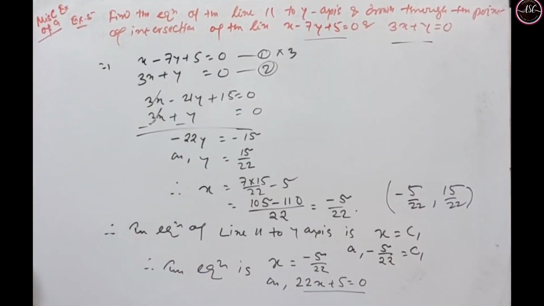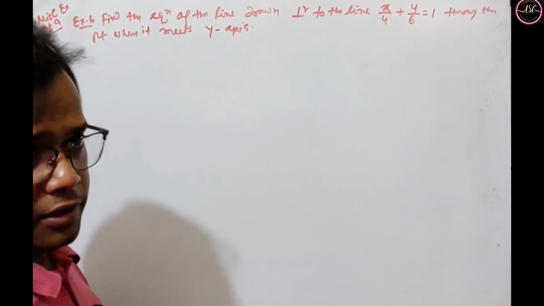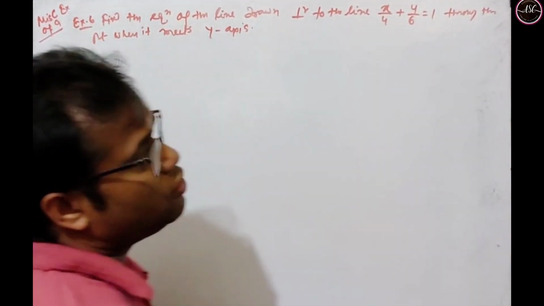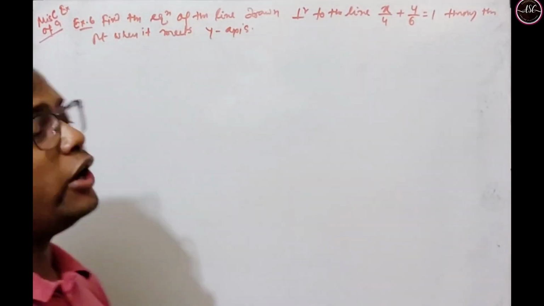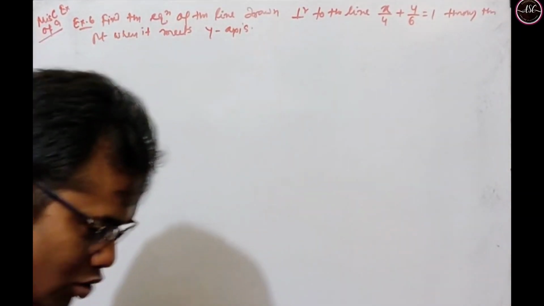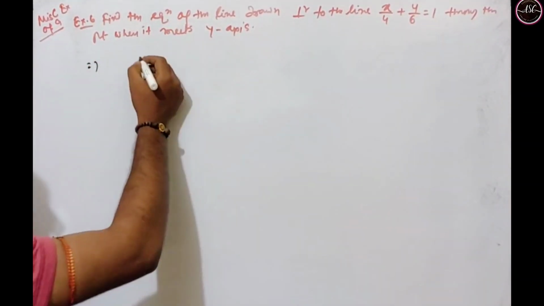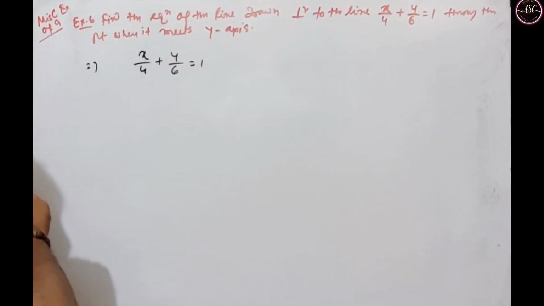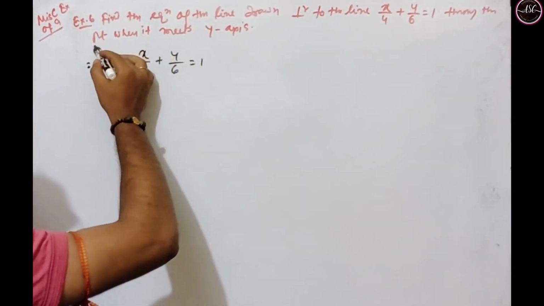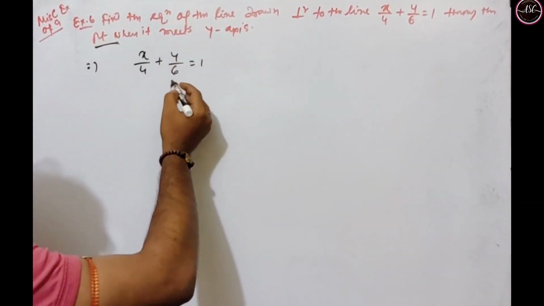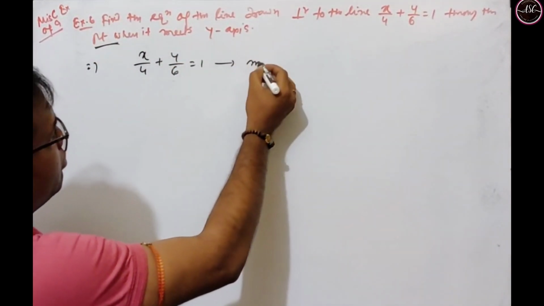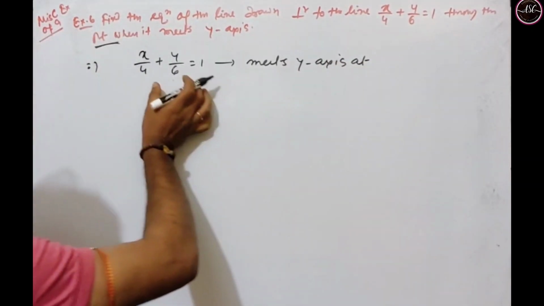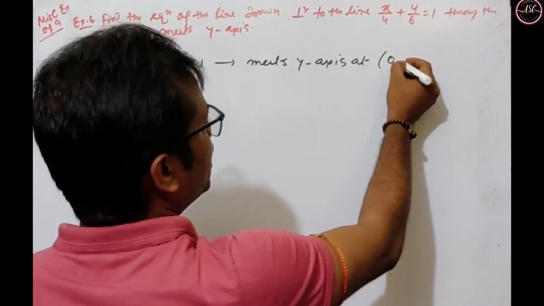Now look at this question: find the equation of the line drawn perpendicular to the line x by 4 plus y by 6 equal to 1 through the point where it meets the y axis. So the given line is x by 4 plus y by 6 equal to 1. The point where it meets the y axis, that means the y intercept, is 0 comma 6.